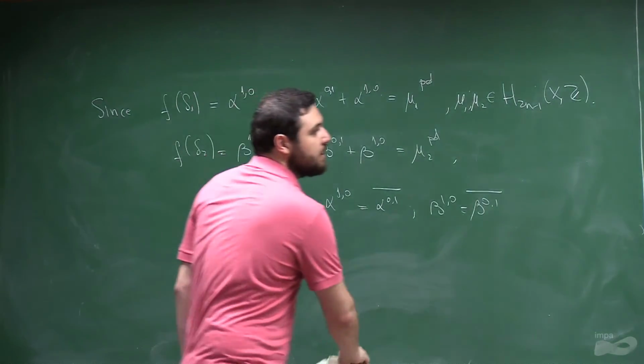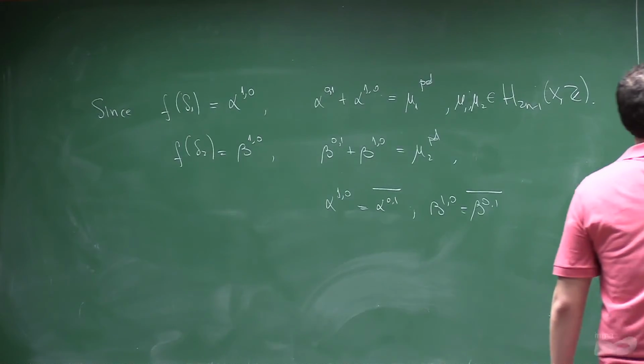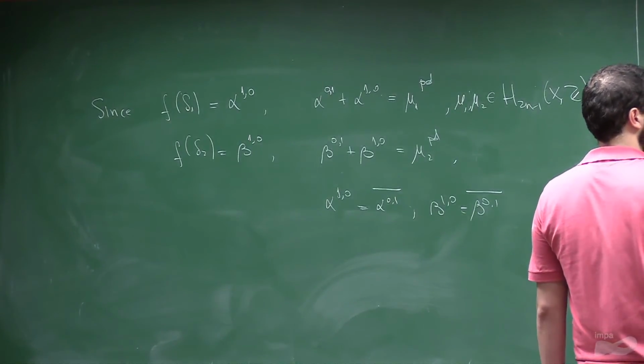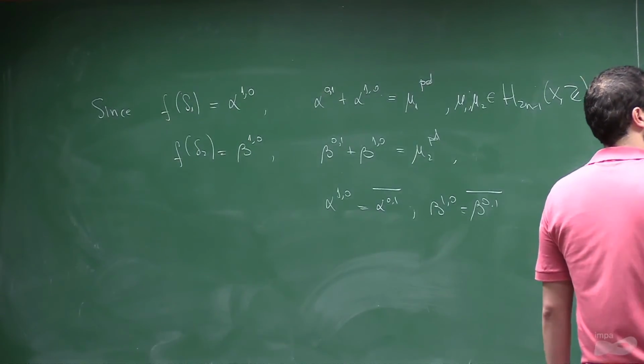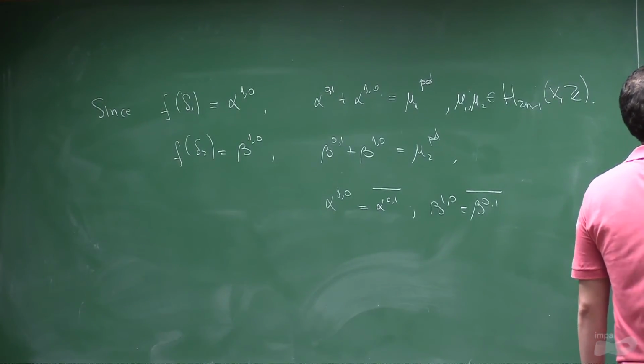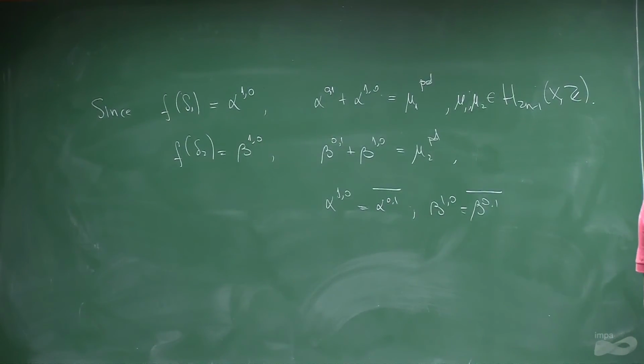And so what's the value of this bilinear form applied to this? So eta of f of delta 1, f of delta 2 is equal to what?